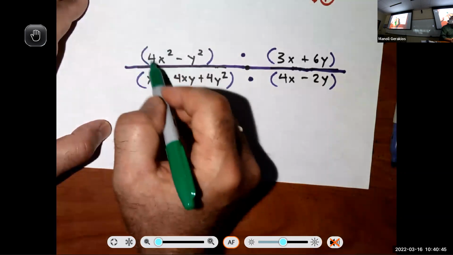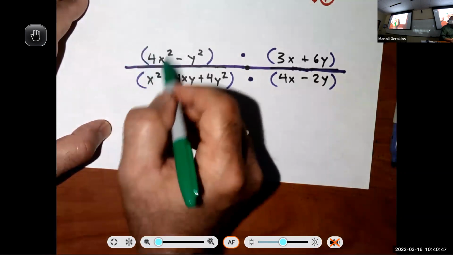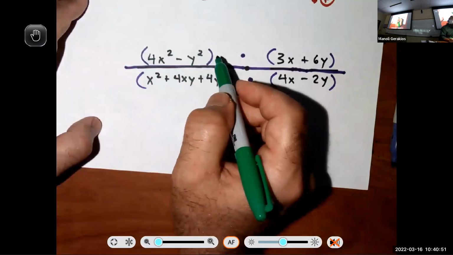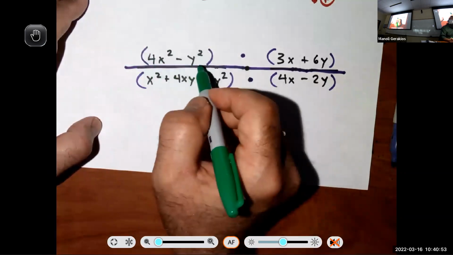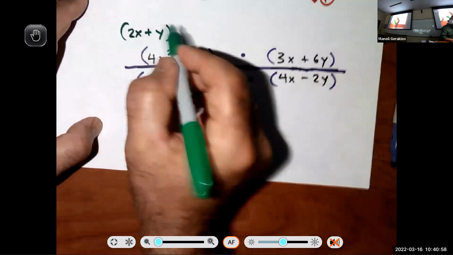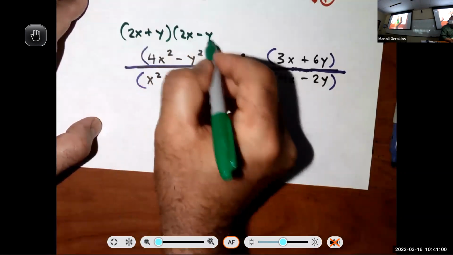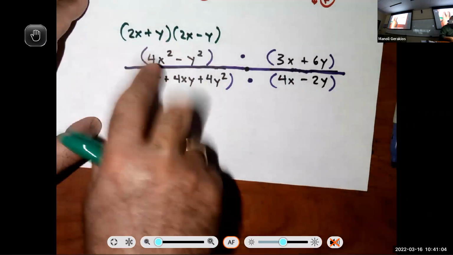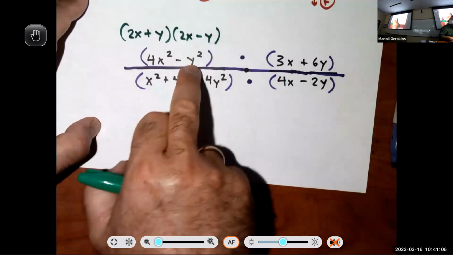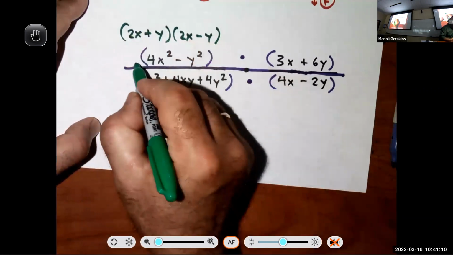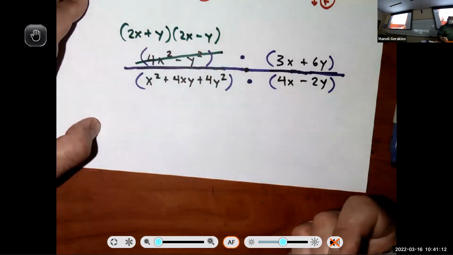The square root of the first one is a, 2x. The square root of the second one is b, y. So I go 2x plus y, 2x minus y. Square root of the first term is a, of the second term is b: a plus b, a minus b. I use the special factoring formula for that one.